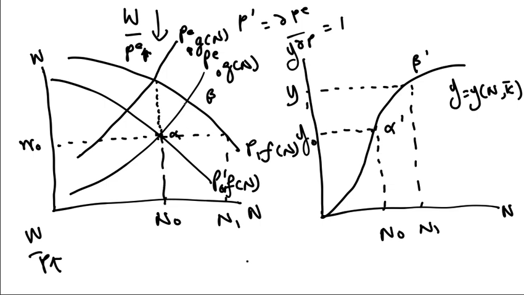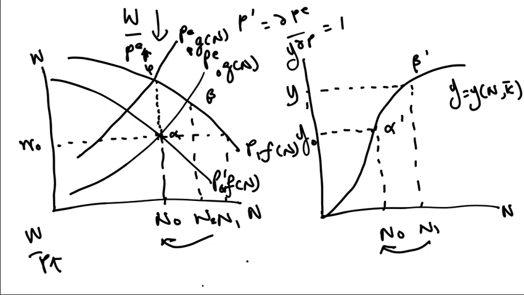So as you can see, if this one is somehow N2, it will even shift further to the left to N0. So the new equilibrium should be here, call it C. Now it moved back to N0. Here we can see that in the classical case, real variables do not change.